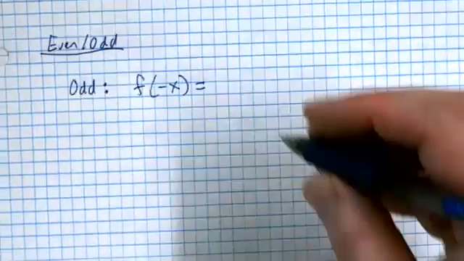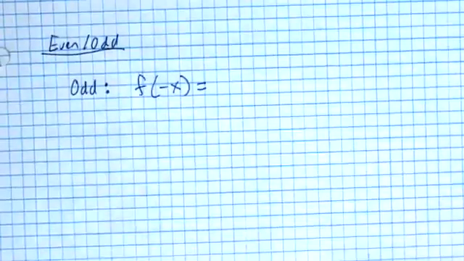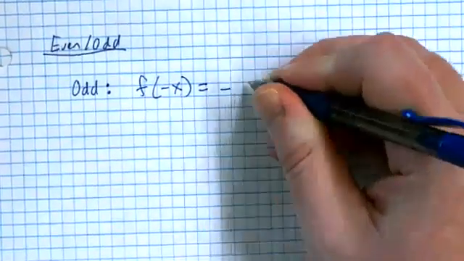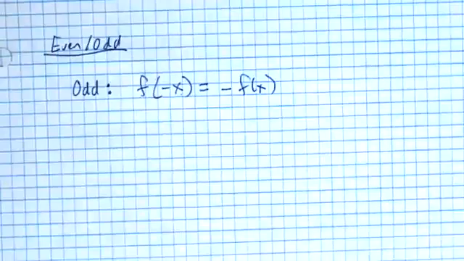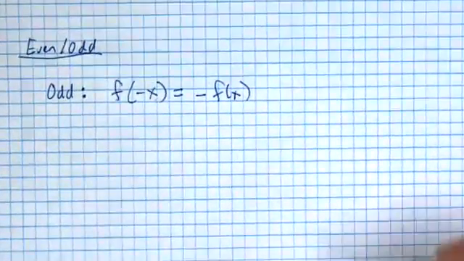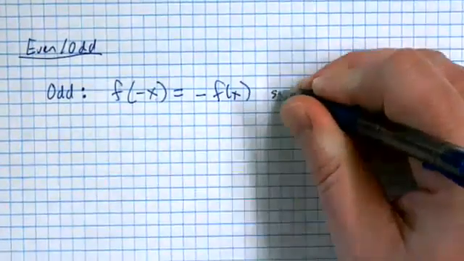So I've got a function. My function is f of x. If I plug in negative x and I get back the opposite of f of x, that means it's odd, which means it's symmetric about the origin.